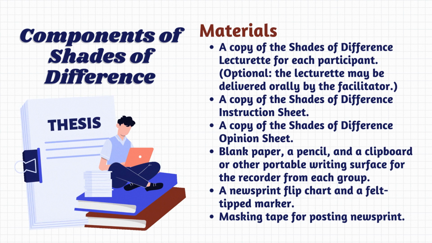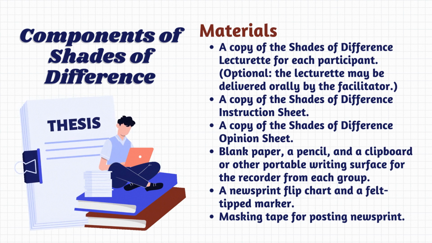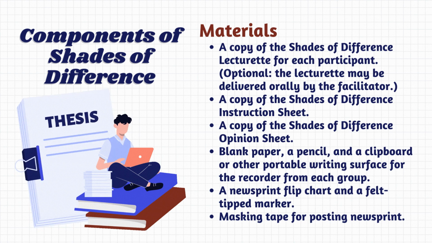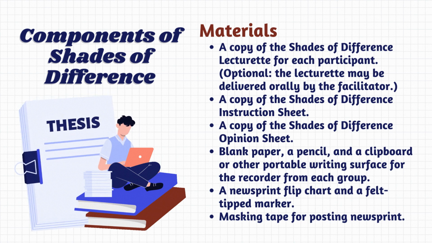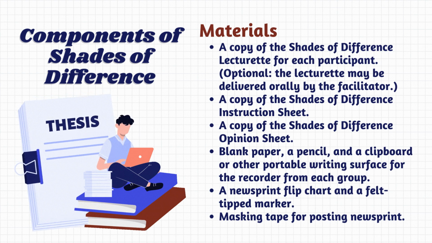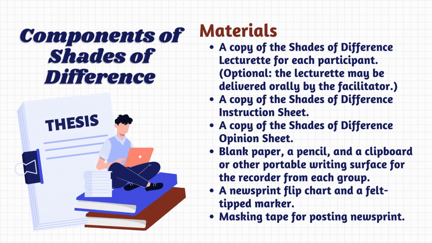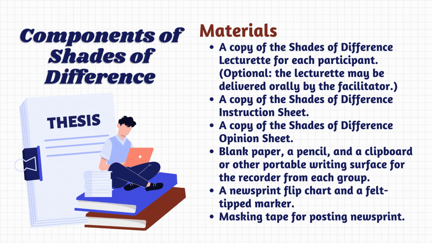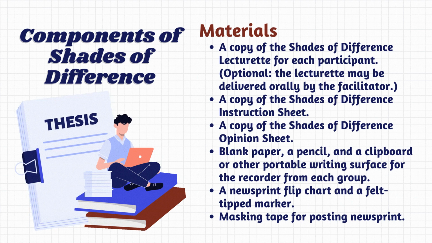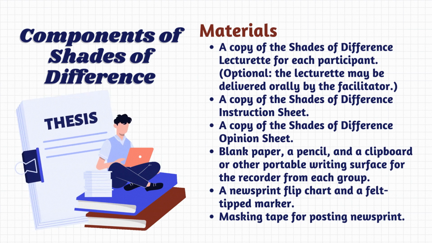For the materials, you will need a copy of Shades of Difference lecturette for each participant, a copy of Shades of Difference instruction sheet, a copy of Shades of Difference opinion sheet, blank paper, a pencil, a clipboard, or other portable writing surface for the recorder from each group, a newsprint flip chart and a felt tip marker, and masking tape for posting newsprint.